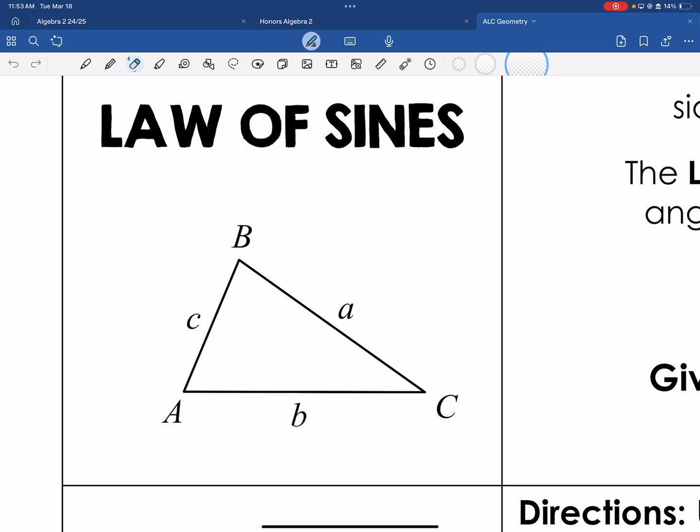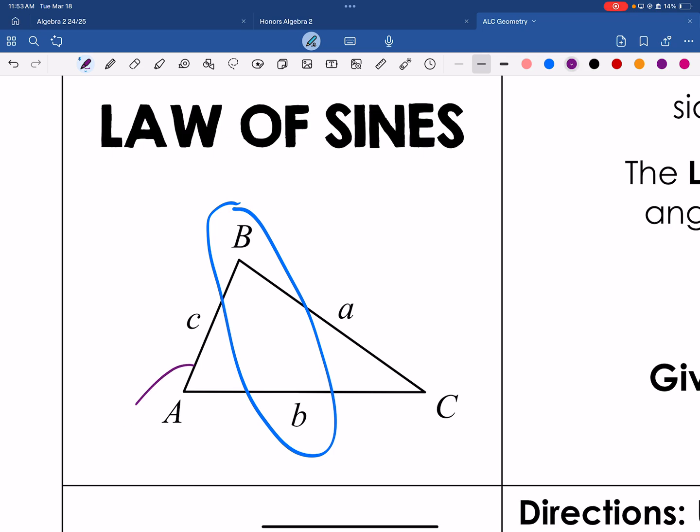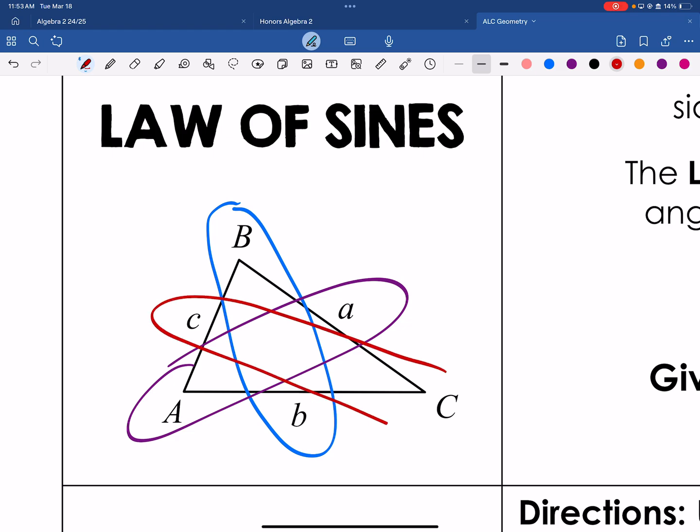Again, just to remind you, when we're talking about angles and opposite sides, that angle and that side, they're opposite of each other. Okay, they have the same kind of letter. Angle A and side A are opposite of each other, and so are B, and C.